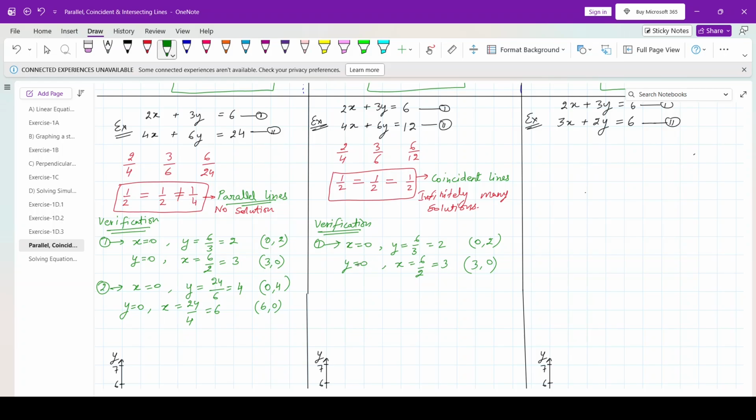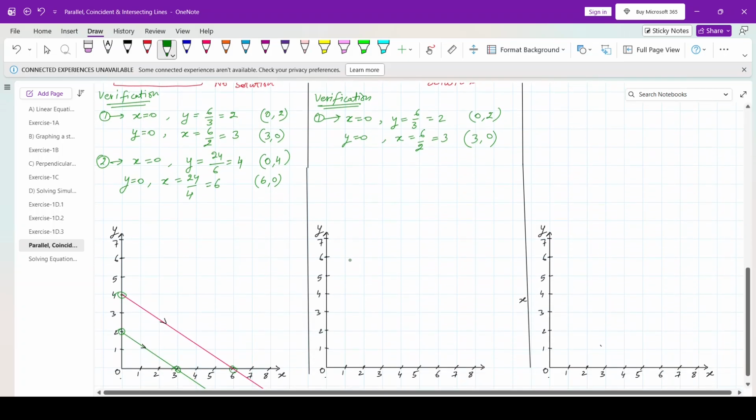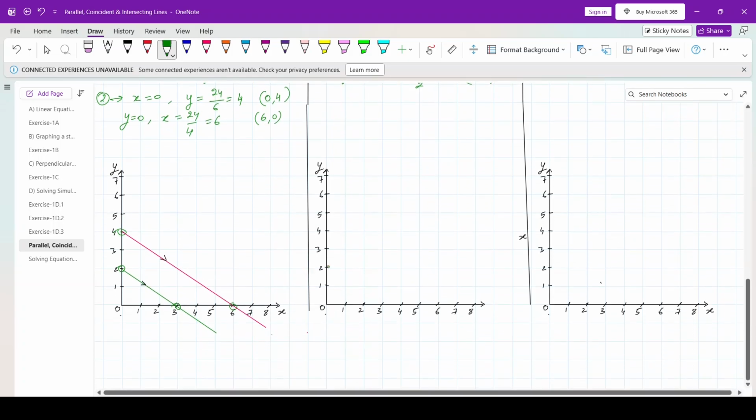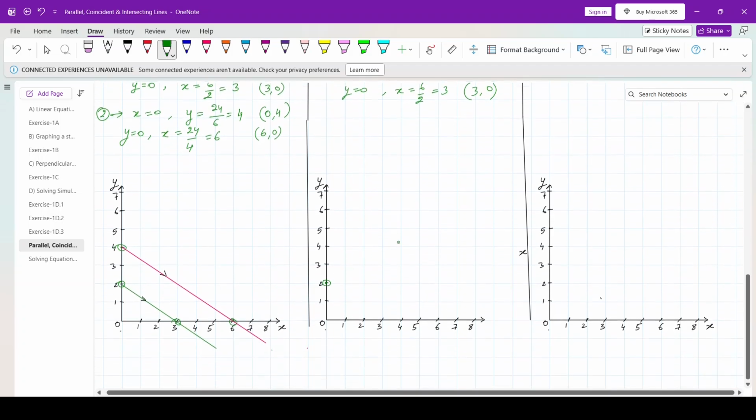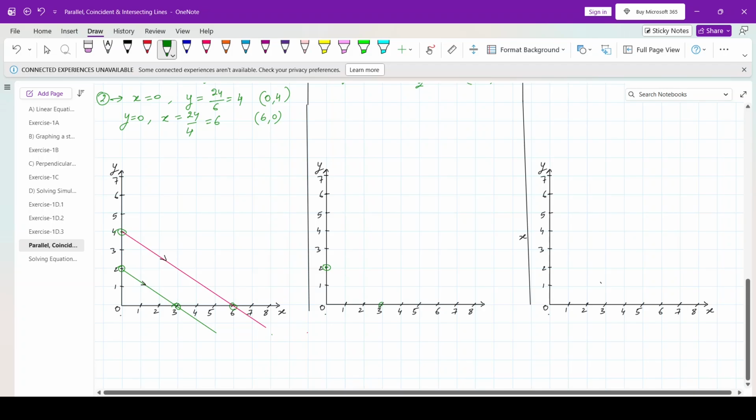Now let's plot this equation on the chart. We'll get 0, 2. That will be 0, 2, and 3, 0. 3, 0 will be here. If we draw a straight line, our equation will look like this.